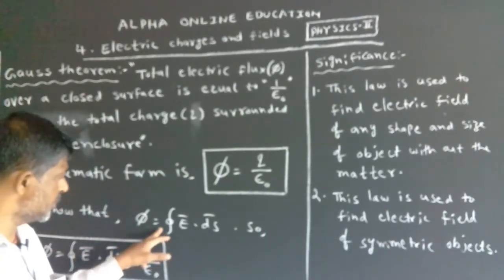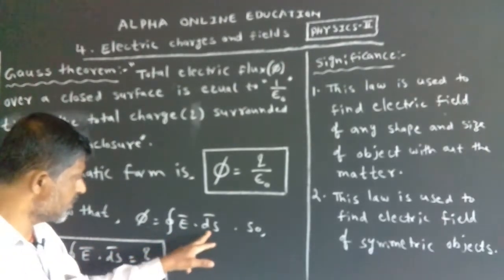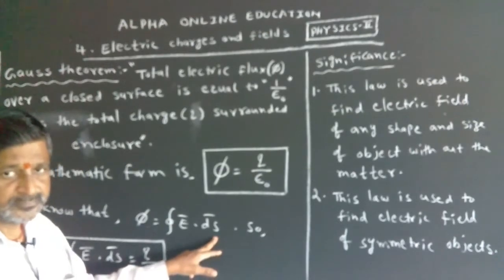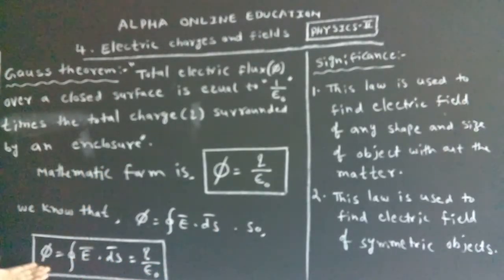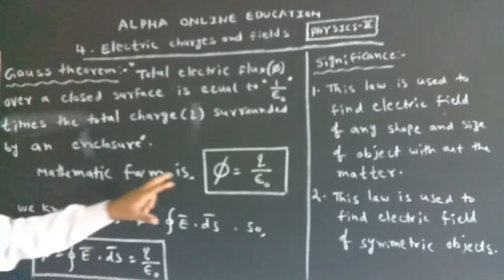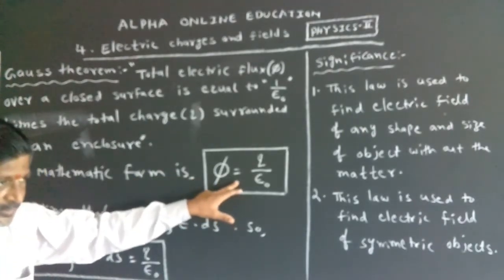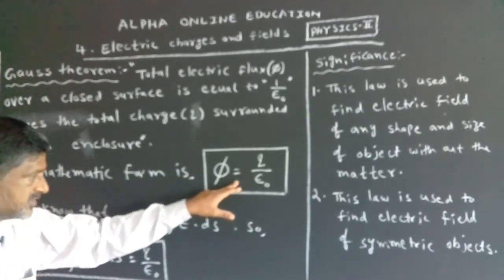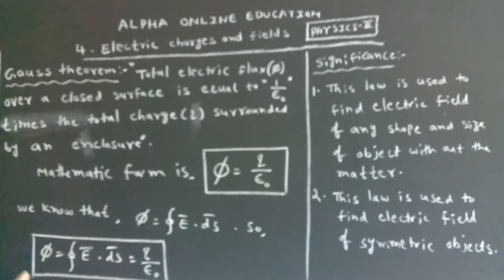Flux is equal to closed integral E bar dot ds. So, how can we write the flux? Phi is equal to closed integral E bar dot ds is equal to Q by epsilon naught. This is the mathematical form of the Gauss theorem, and we can express it like this also. Now, you have followed the statement of this theorem.